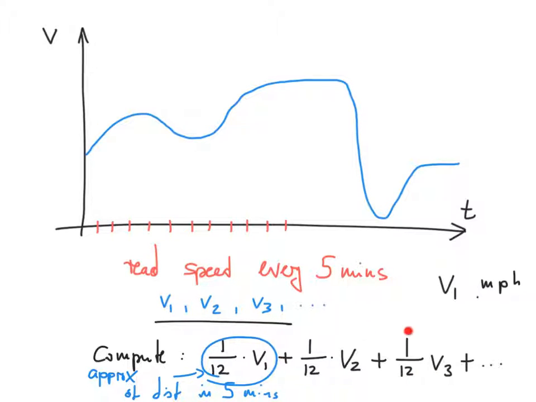So in total, these three terms together would give us an approximation of the distance driven in the first 15 minutes. And it takes into account that our speed changes over the course of 15 minutes, right? So we are slower at the beginning, faster at the end of the first 15 minutes. That's why it's more accurate than just taking one measuring point after 15 minutes.